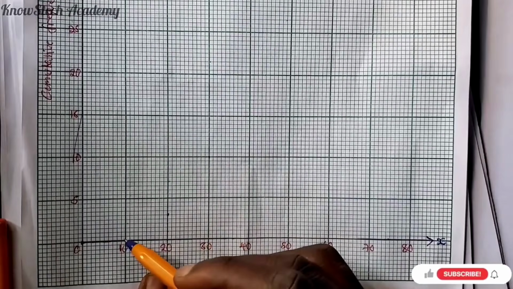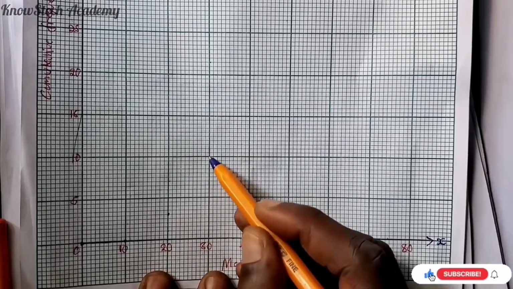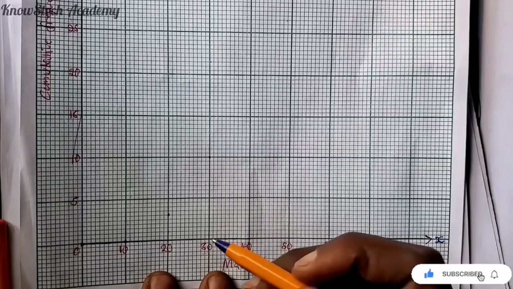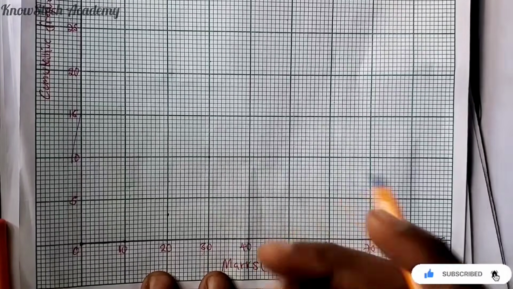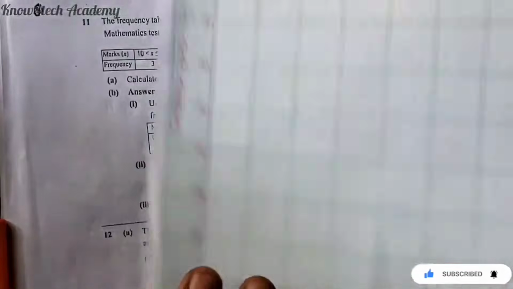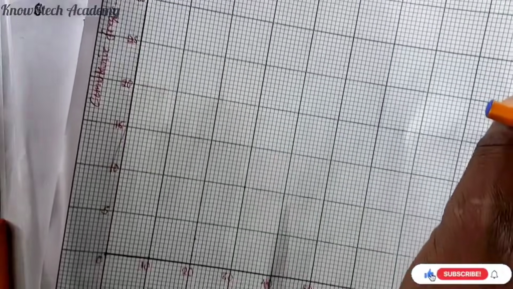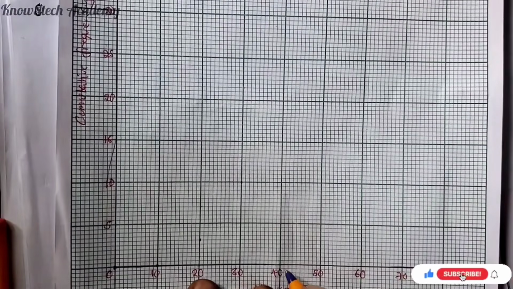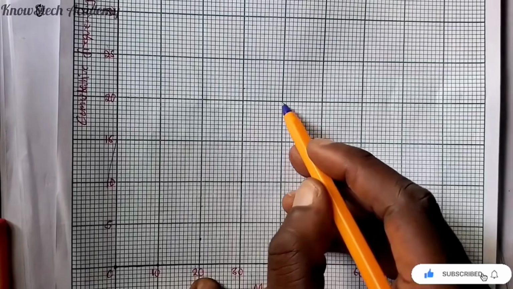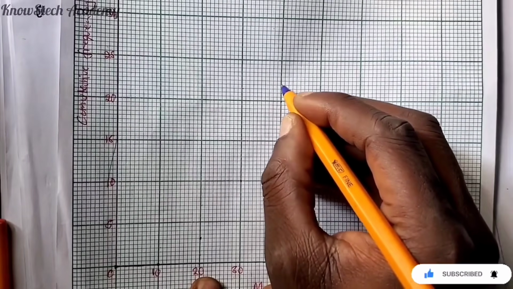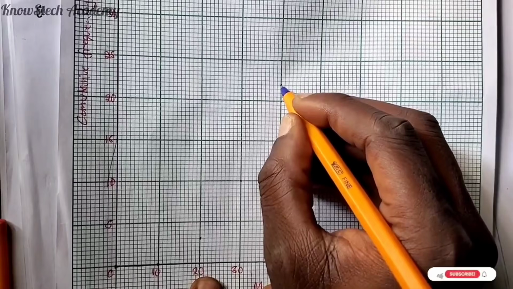Next coordinate is 40, 22. 40 is here, 20 is here, and 22 will be 4 boxes: 21, 22. So 22 is here.